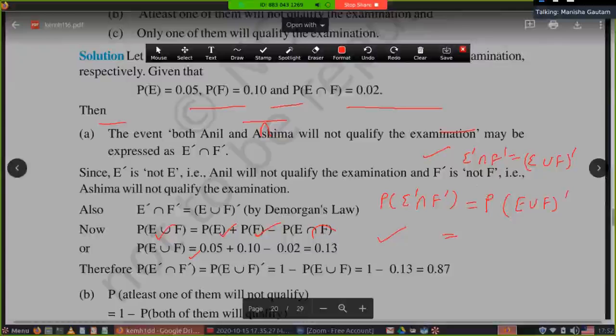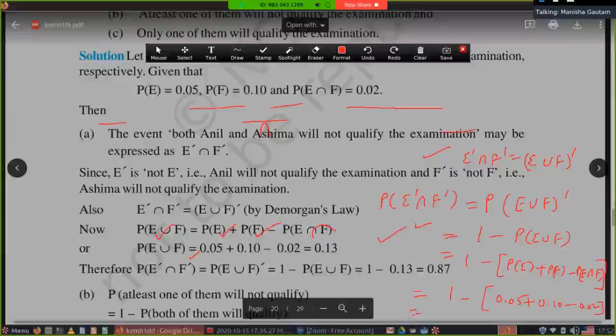Now, if you want to calculate the complement of E union F, it means 1 minus the probability of E union F. What is the formula of E union F? Probability of E plus probability of F minus probability of E intersection F. Here you have to apply this formula. 1 minus 0.05 plus 0.10 minus 0.02.